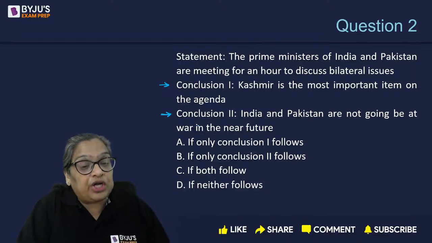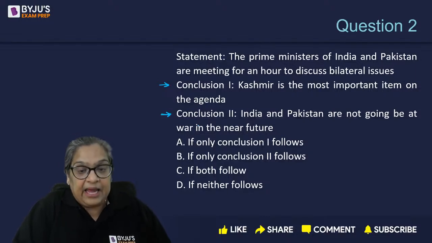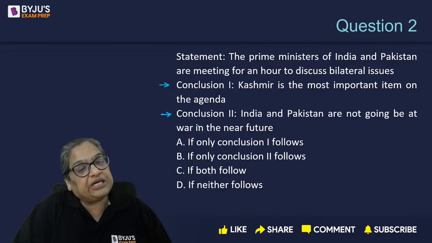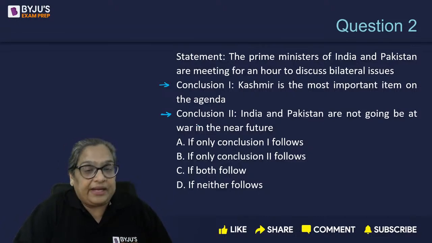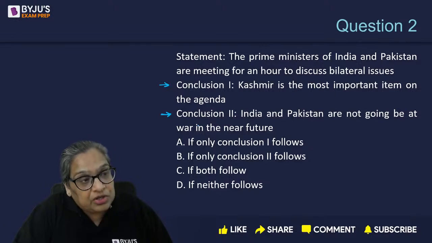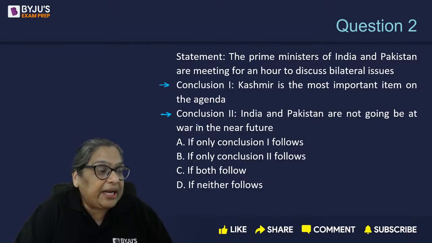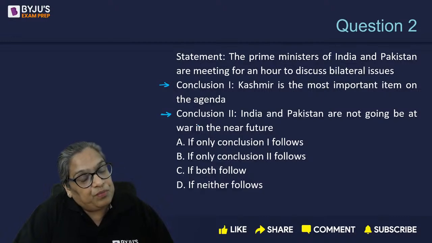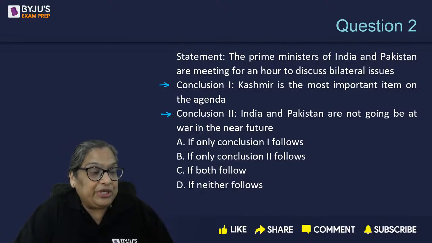Based on this, what do you think is the answer? A, if only conclusion 1 follows, that Kashmir will be discussed, most important. B, that they're not likely to be at war. Both or neither. A, B, C, D. Quickly give me your answer before we move on to the next question.